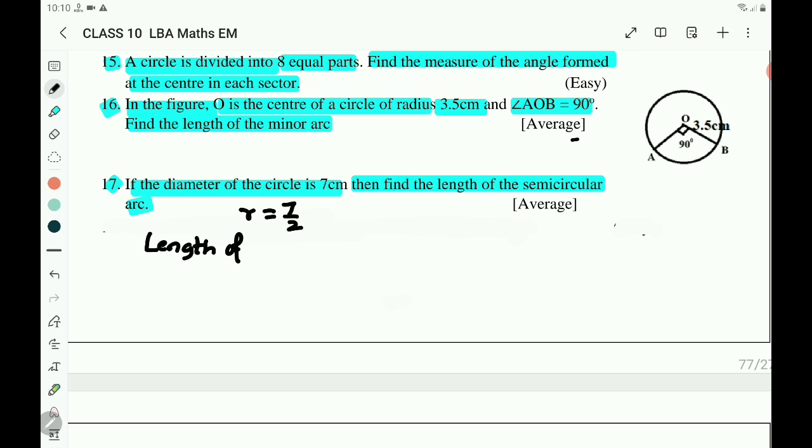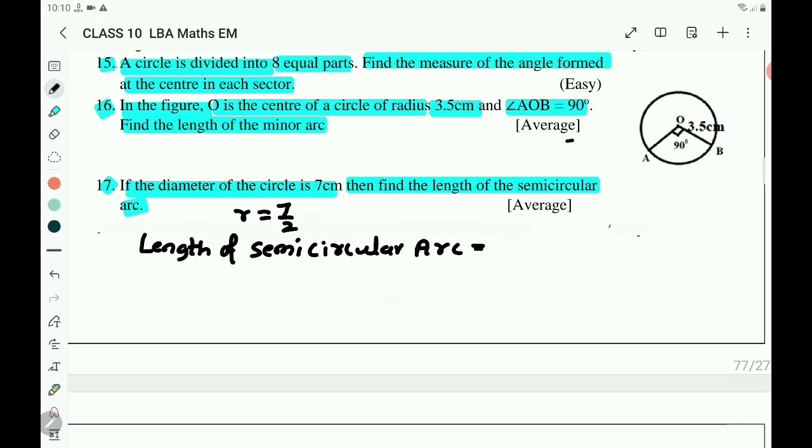Length of semicircular arc. You can use the formula theta by 360 into 2 pi r, taking theta equal to 180 degrees for a semicircle.